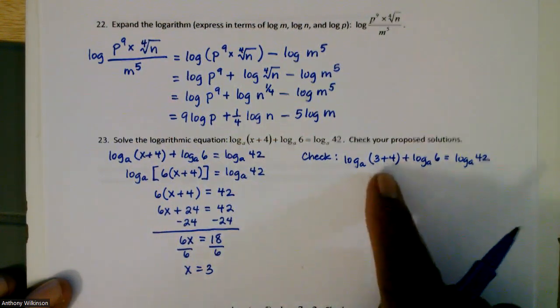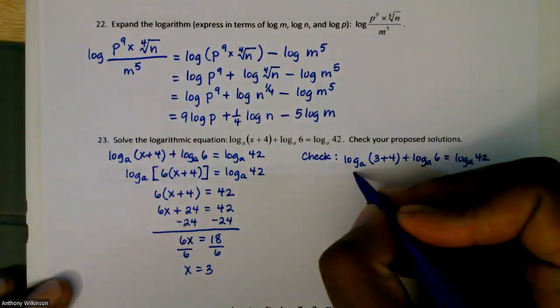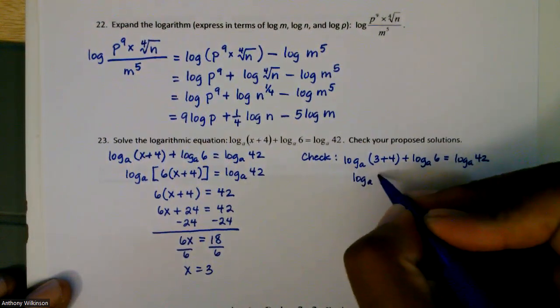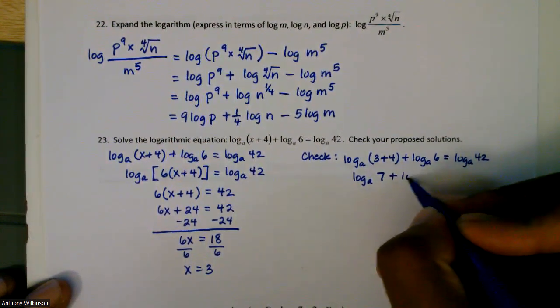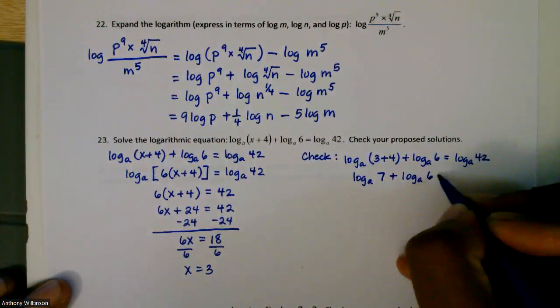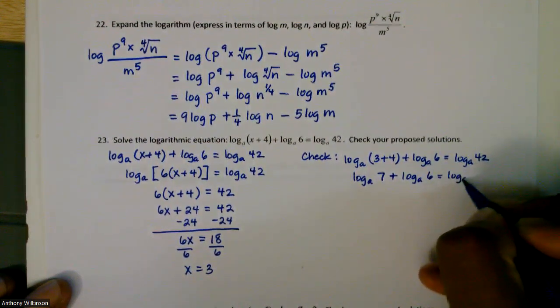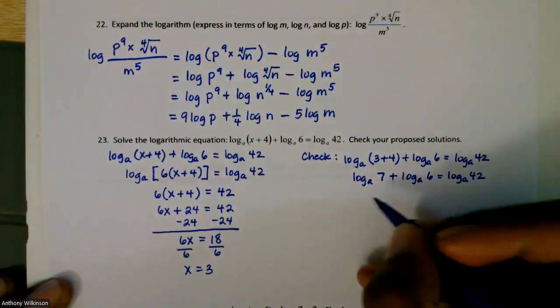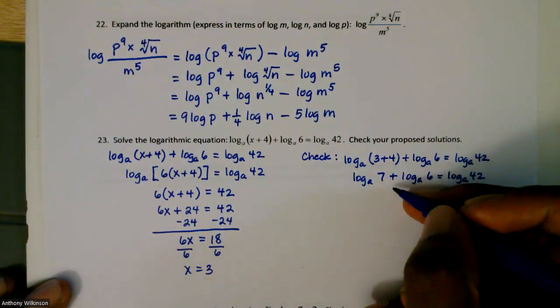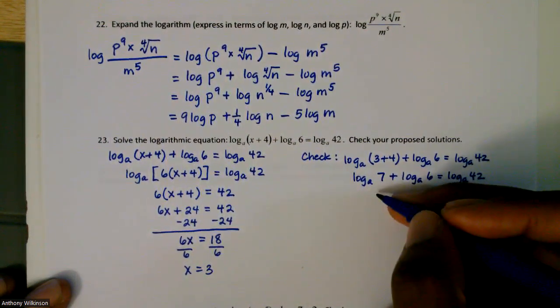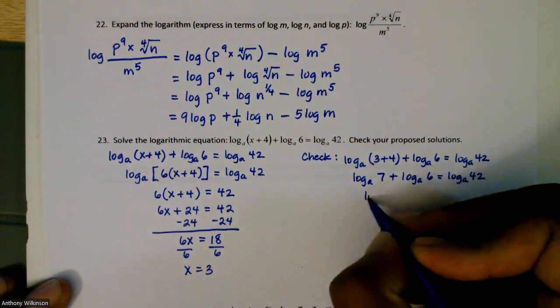Now, if you add the 3 and the 4 together, you'll get 7. So log to the base a of 7 plus log to the base a of 6 is equal to log to the base a of 42. Now here I got the sum of the individual logarithms. I can condense that using the product rule, as a log of the product.